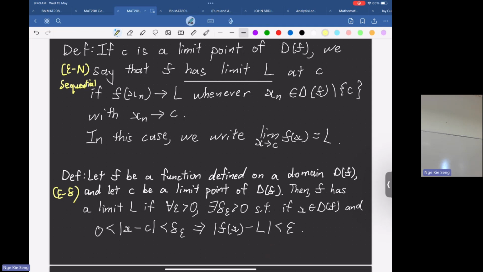Remember what's the difference between epsilon delta limit and epsilon delta continuity? Only this part here. When we consider limit, I don't care about the exact point at C. And when I care about continuity, I need to care about the point at C.